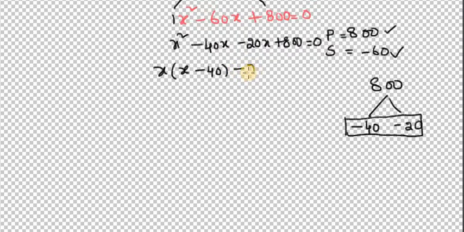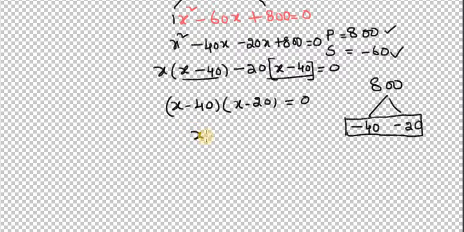If I take minus 20 common in the last two terms, x is left and minus 40, equal to 0. Further, I can write x minus 40 into x minus 20 is equal to 0. So AB is equal to 0, either A is equal to 0 or B is equal to 0. So x is equal to 40 or x is equal to 20.